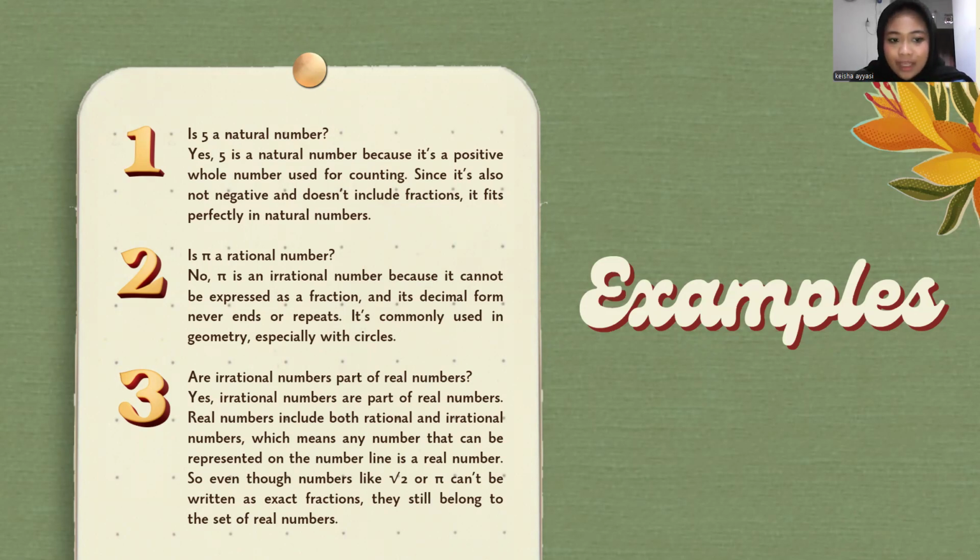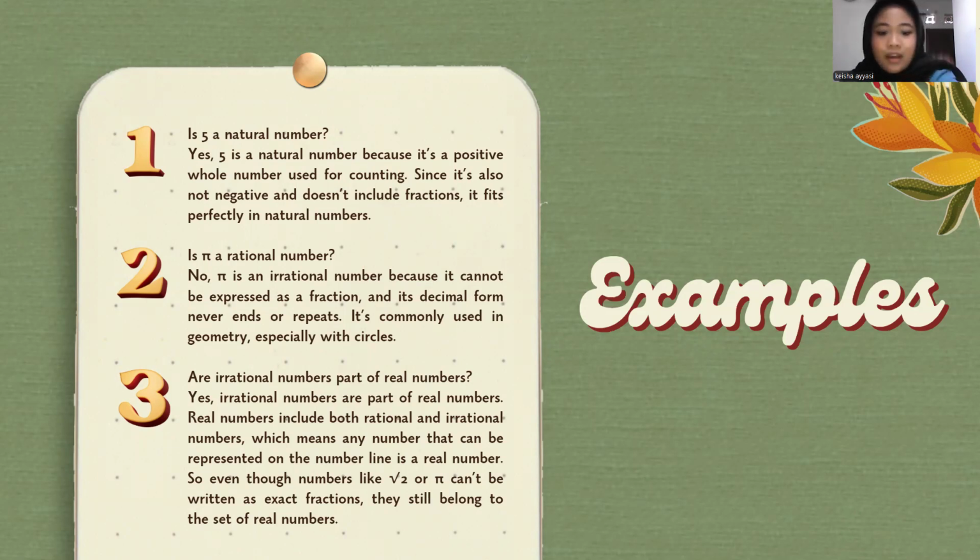Second, is pi a rational number? The answer is no. Pi is an irrational number because it cannot be expressed as a fraction, and its decimal form never ends or repeats. It's commonly used in geometry, especially with circles.